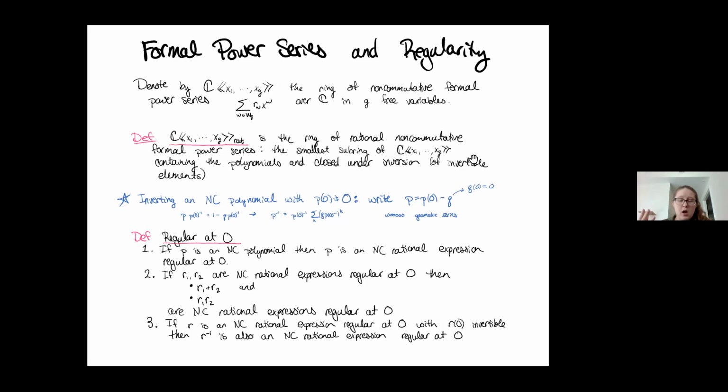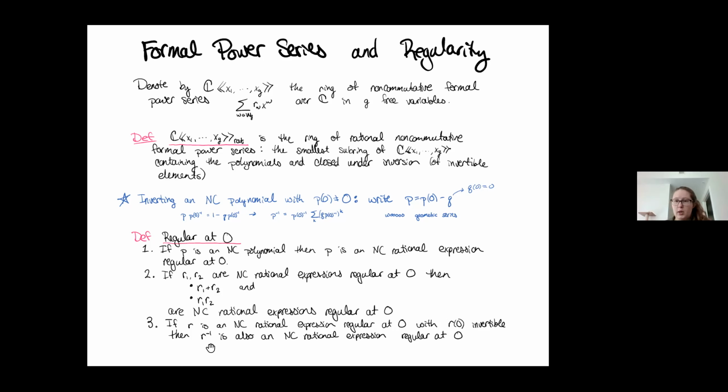And also, as long as a thing is invertible, in this case, I'm saying R of 0 is invertible, then its inverse will also be regular at 0. You can think of this basically like analytic. You want to be able to take inverses of things and not have poles nearby.